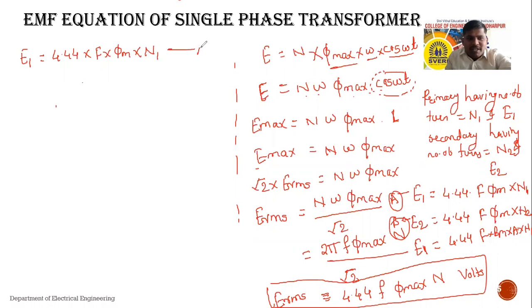This is equation A. Similarly, in the secondary winding, the induced EMF E2 is equal to 4.44 f phi m into N2, the number of turns in the secondary winding. This is equation B.